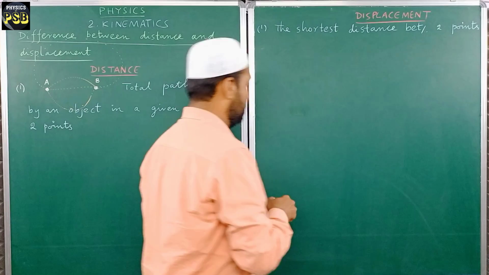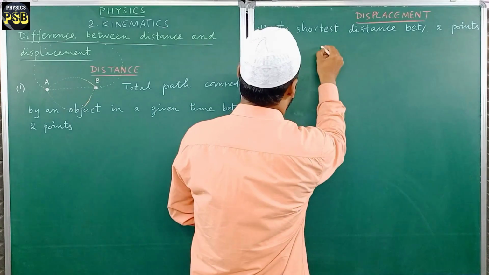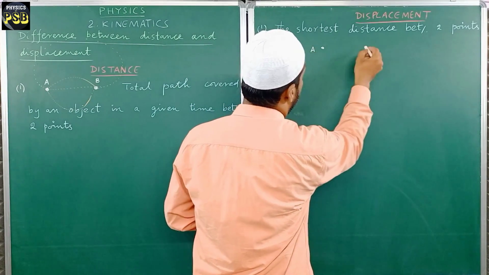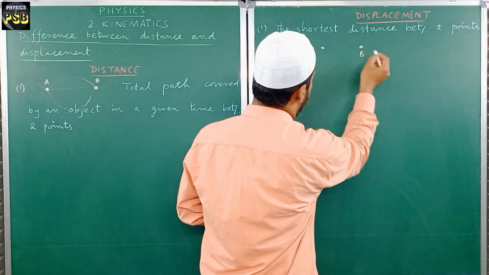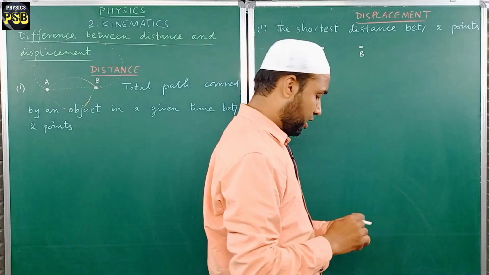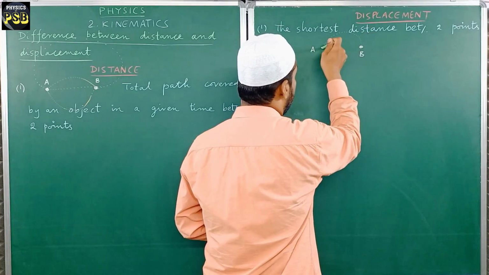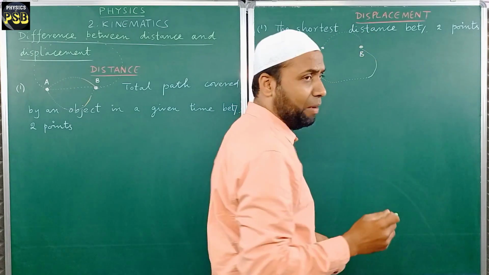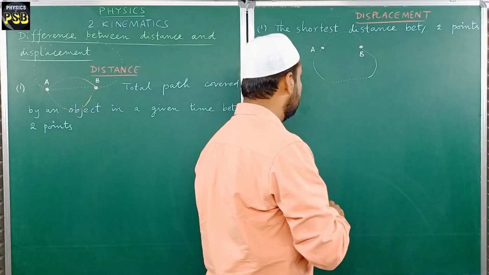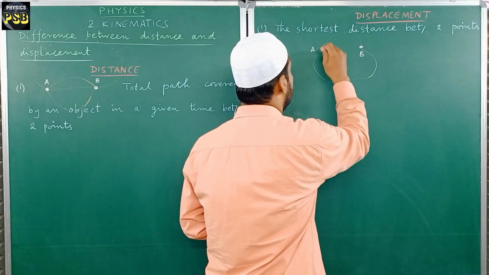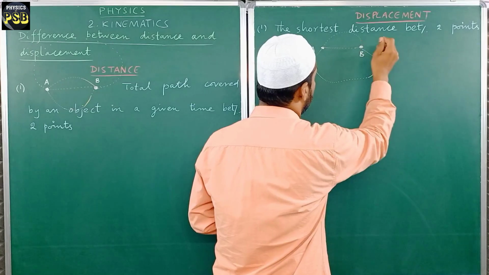Okay, also let me show this thing here. Again, I take the same points, point A and B. To reach B from A, one can choose any path, but the shortest path is this. This is the shortest path.